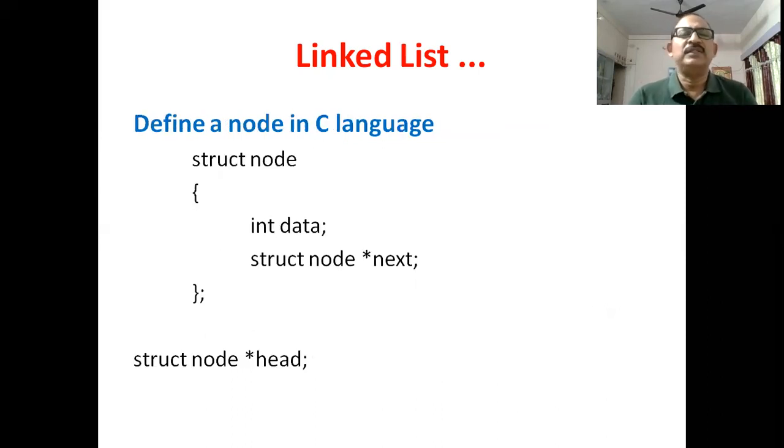We have already seen how to define a node in C language. Here you can see how we define a variable of pointer type in C language: struct node followed by a star and followed by head. So here head is a pointer of type struct node.